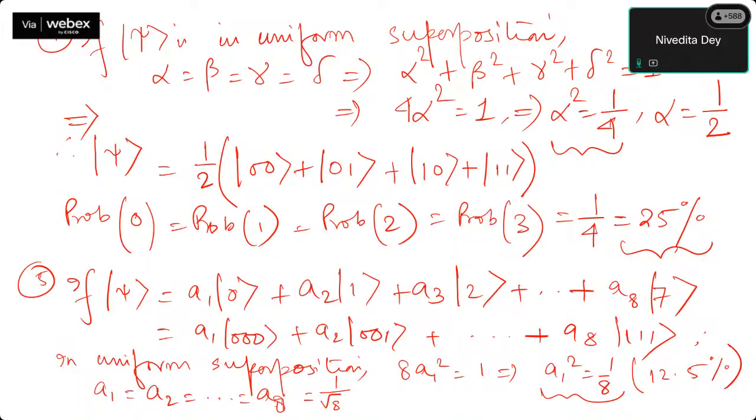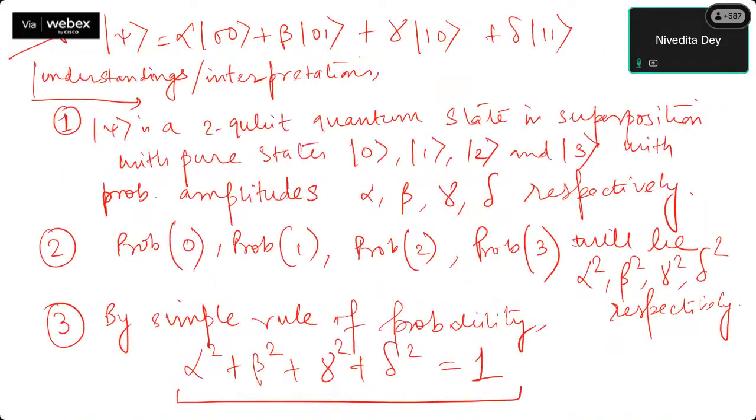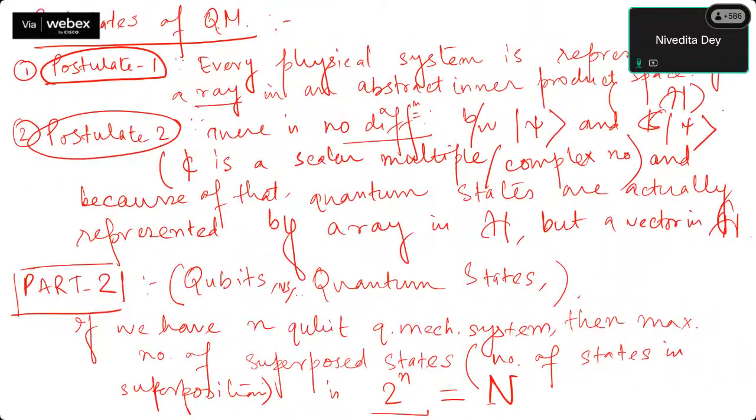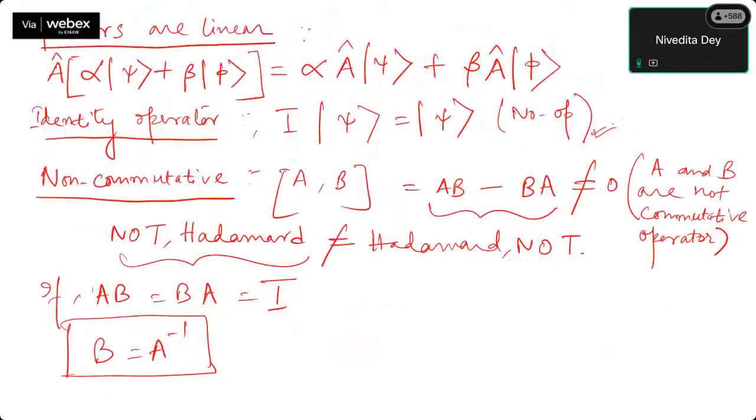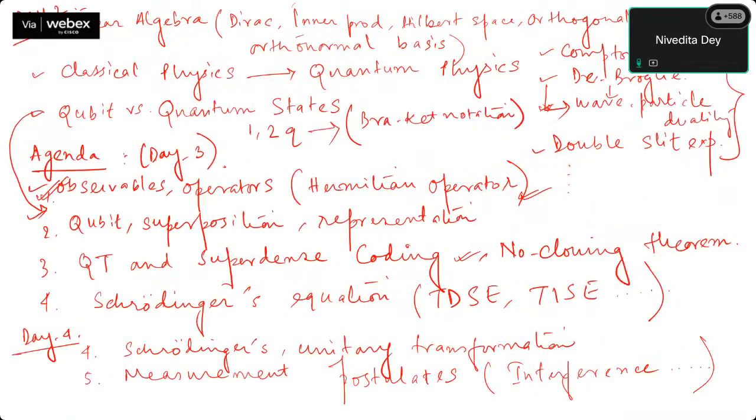So this is the relation between the superposed state, uniform, non-uniform superposition, probabilistic amplitudes, and the probability of occurrence of each of these states upon measurement. Right? And this, I think, is good enough for us, at least in our third class, to cover the first understanding or the commitment that we had, that is the qubit, superposition, and the representation.